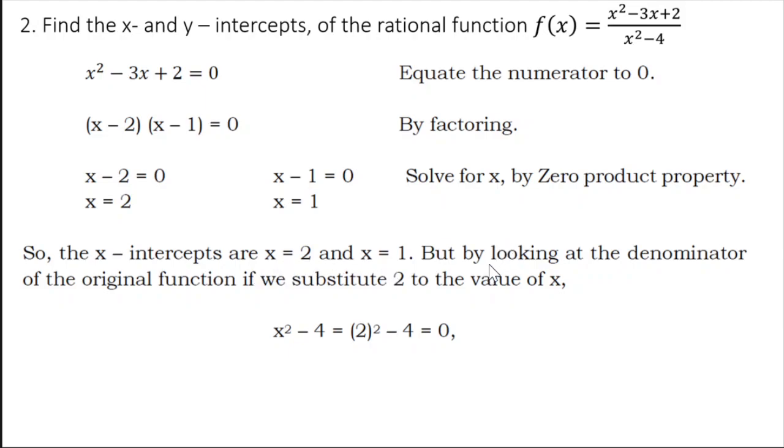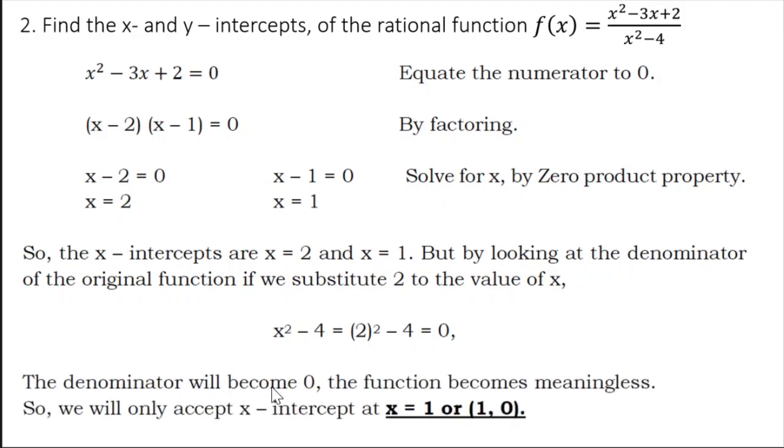But by looking at the denominator of the original function, if we substitute 2 to the value of your x, then the value becomes 0, meaning your function becomes undefined. So the denominator will become 0, so our rational function is undefined. So the function becomes meaningless.